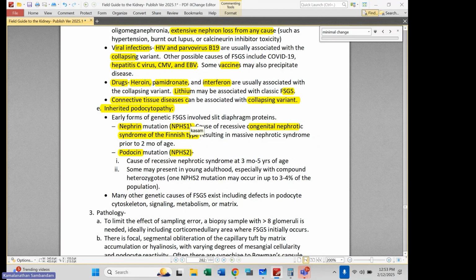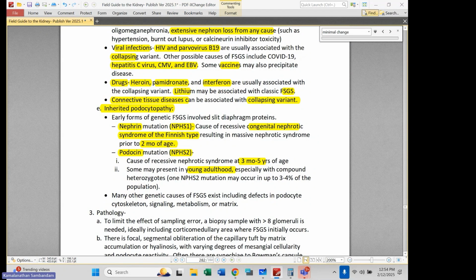This is a really debilitating nephrotic syndrome that happens in early infancy, even before 2 months of age. Podocin mutations happen a little bit later when they've been described. They can even present in young adulthood. That's the second genetic form of FSGS that was described.